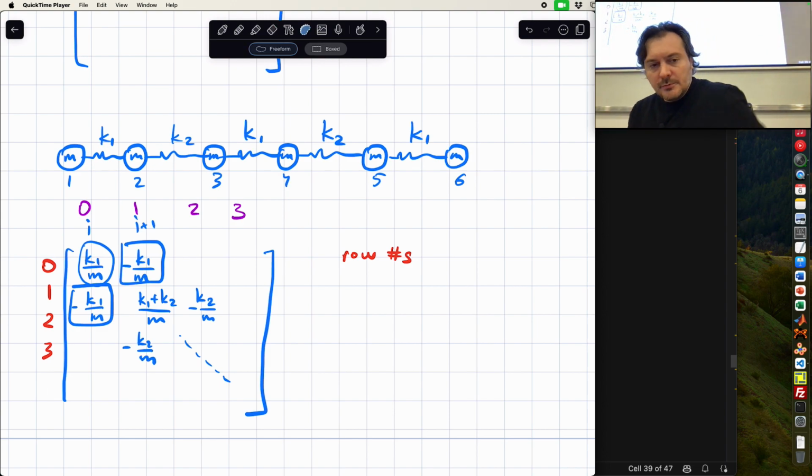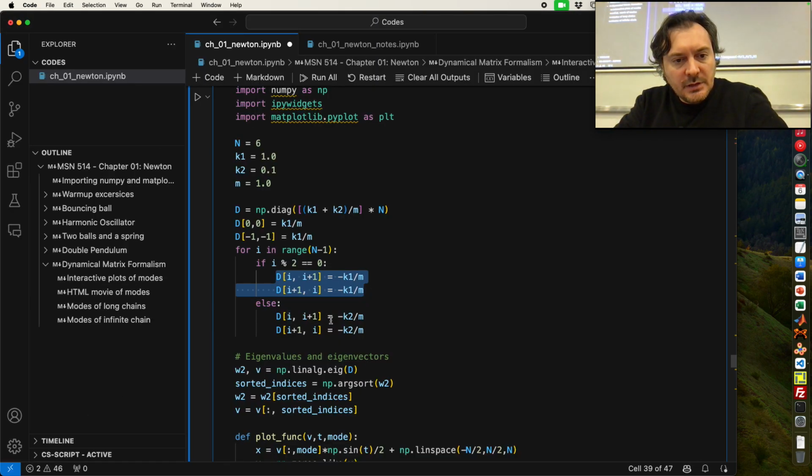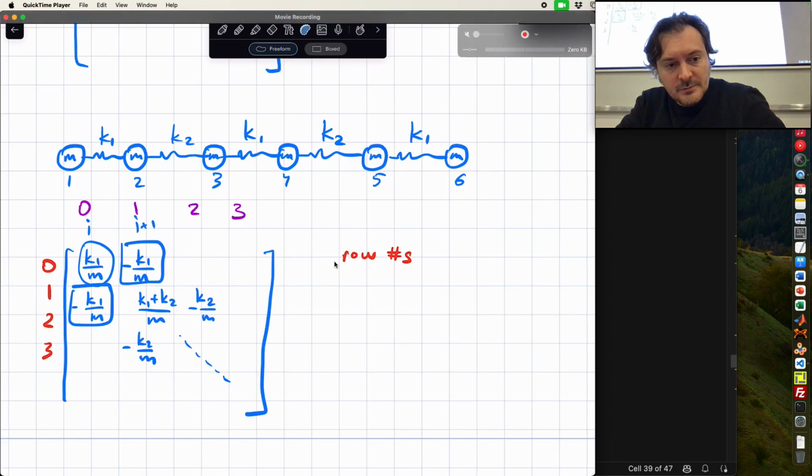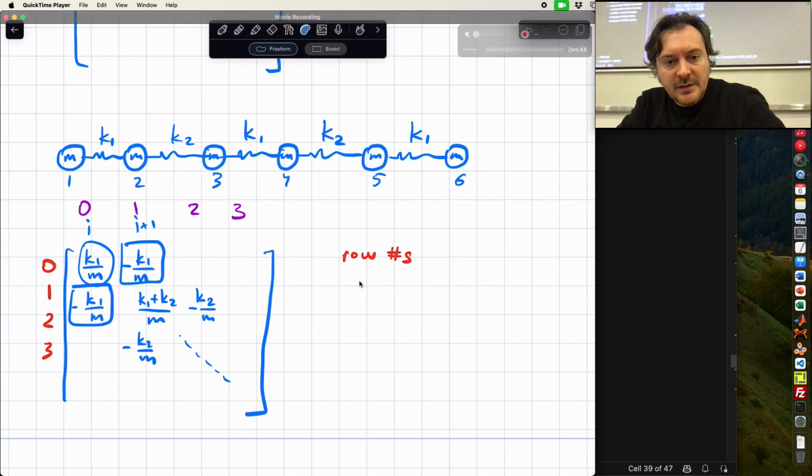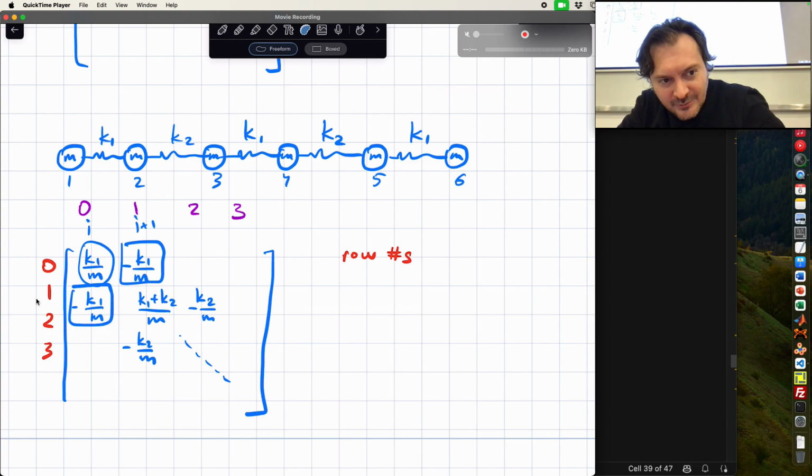Okay, so what do I tell you? If the row is even, 0 is even, then I write 0 to 1 because I to I plus 1. I write minus k1 over m. But I also write I plus 1 to I, minus k1 over m.